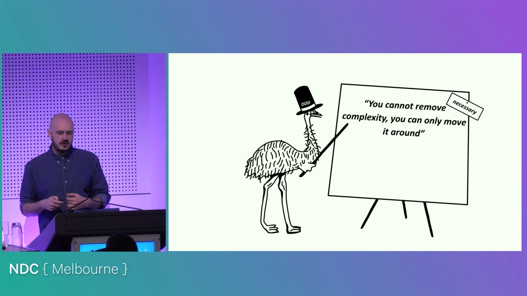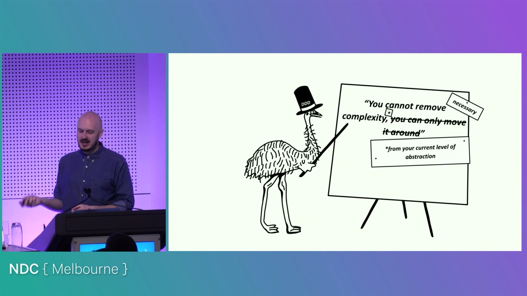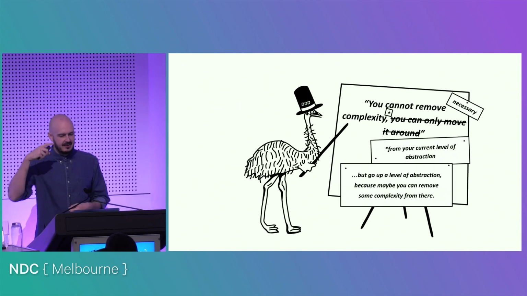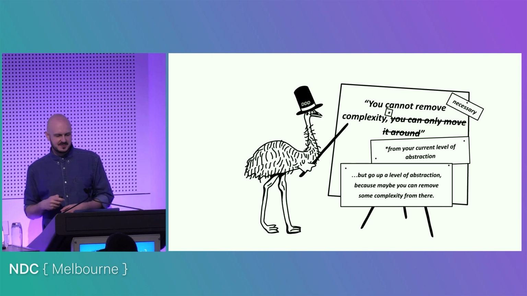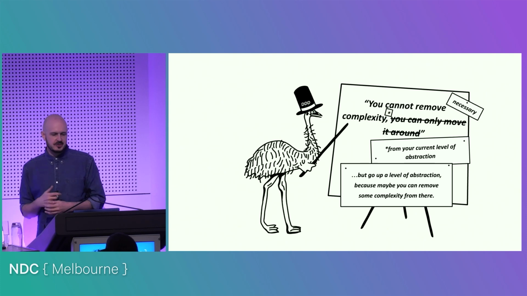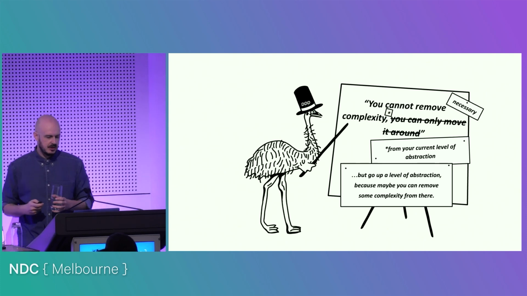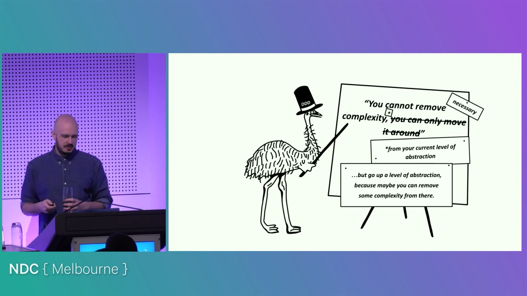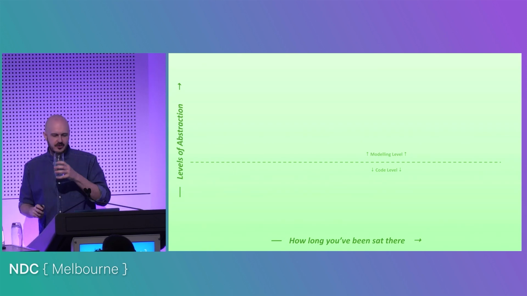Because you cannot remove necessary complexity from your current level of abstraction, but go up a level of abstraction because maybe you can remove that complexity from there. Now again, this version is horrifically uncatchy, but it does provide a decent summary of what we achieved in our e-commerce example. But hey, maybe a visualization would be better. So we've got levels of abstraction up and down and timer across the bottom for you.